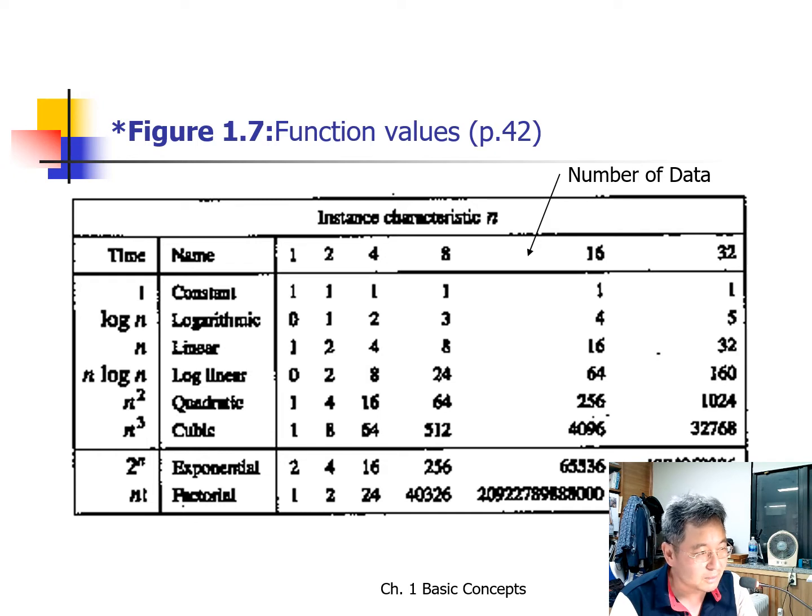Okay, before that, this shows that if a time complexity is 1, it means constant, and log n means logarithmic, and n means linear, and n log n is log linear, and n square is quadratic, and n cubic means cubic.